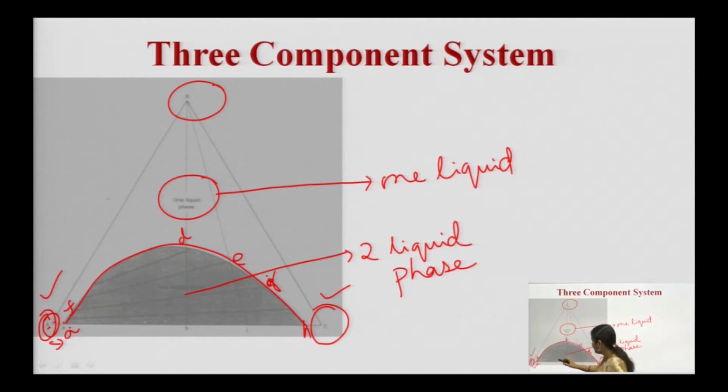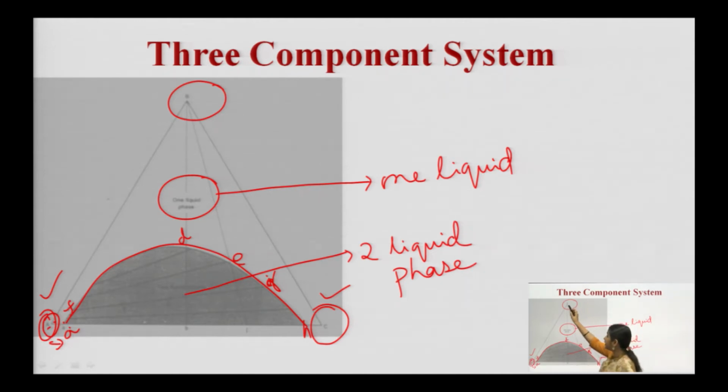Okay. And here the tie line produced in this 3 component system is not necessarily parallel to A and C. In a 2 component system the tie line was parallel, but in a 3 component system it depends on miscibility.